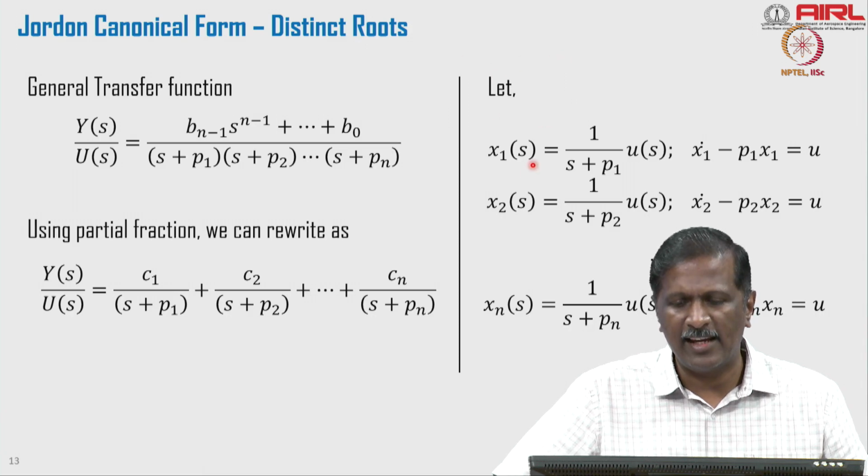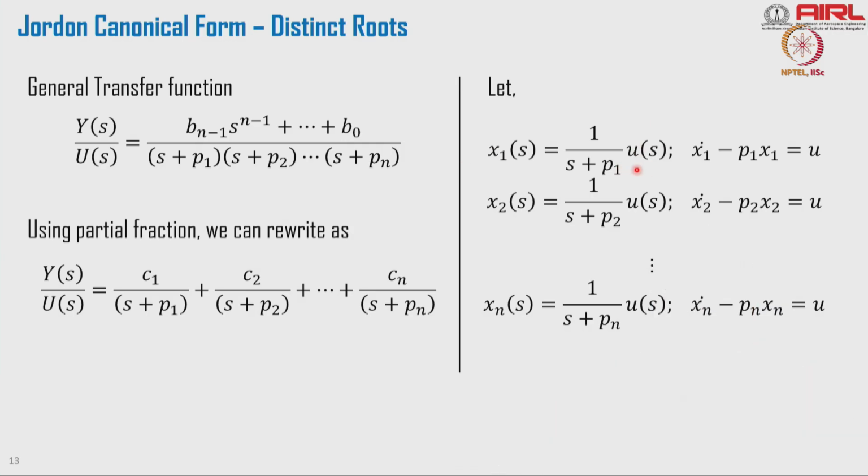So in such a case, we can say x1 of s is 1 by S plus P1 into U of s. If I take x1 of s into S plus P1 equal to U of s, and take an inverse Laplace transform, I get x1 dot minus P1 x1 equal to U. Similarly, I can write x2 of s is 1 by S plus P2 into U of s.